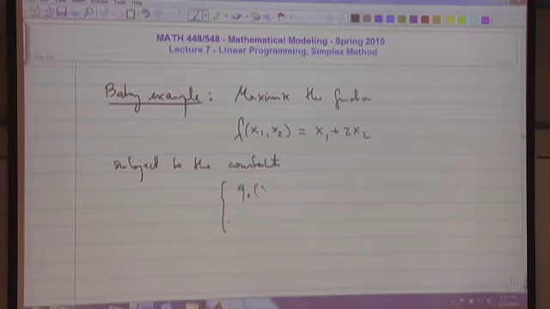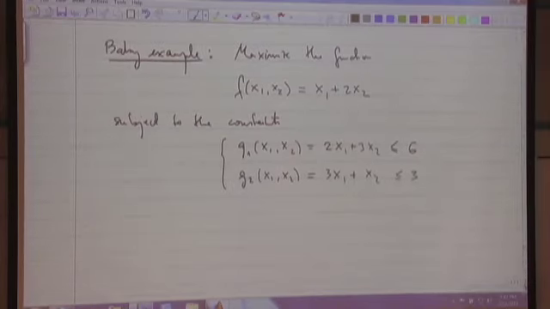I'm going to use G for the constraints. So G1 of x1, x2 is 2x1 plus 3x2, and this can be at most 6. And G2 of x1, x2 is 3x1 plus x2. This can be at most 3.